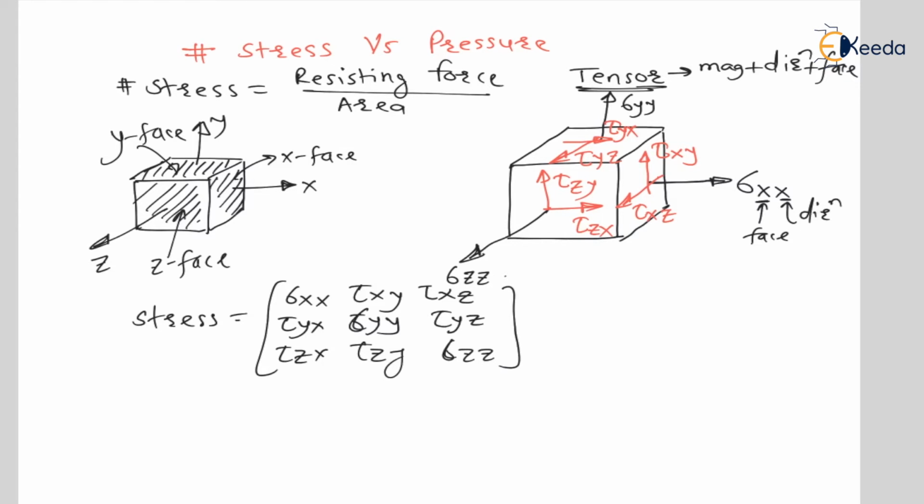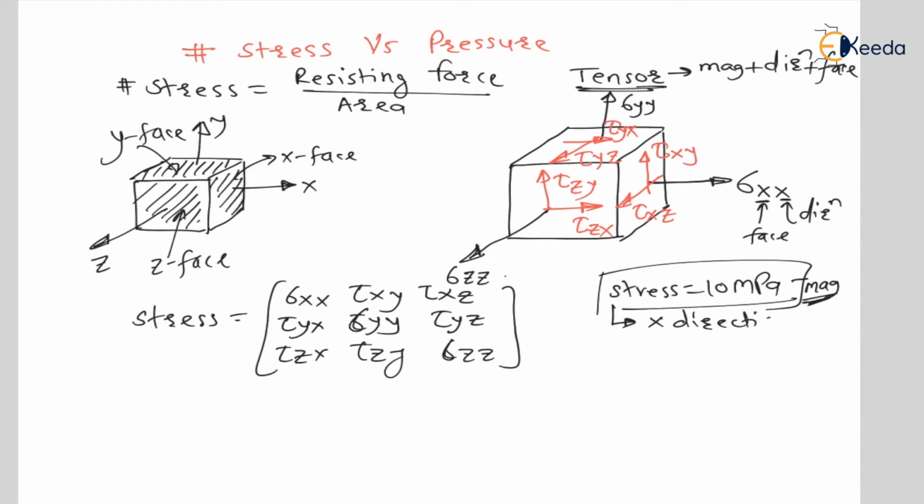Now let's say I tell you the stress at a point is 10 MPa. Tell me which of these 9 elements has this magnitude. With only magnitude it is not sufficient to define the quantity, we cannot tell along which of these 9 components the 10 MPa acts. But let's say I provide you direction: stress is 10 megapascal in x direction.